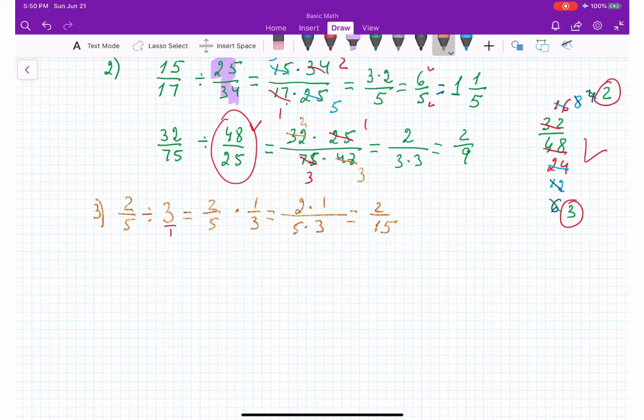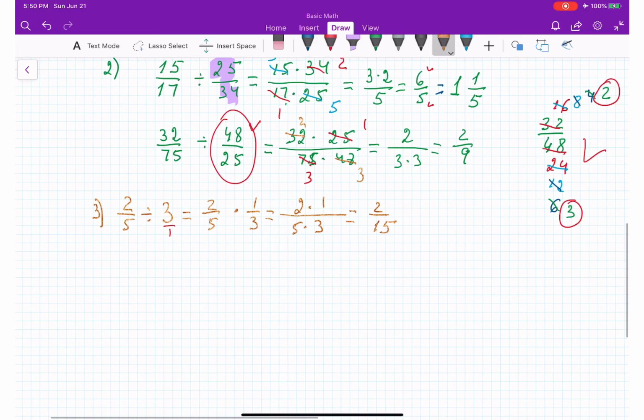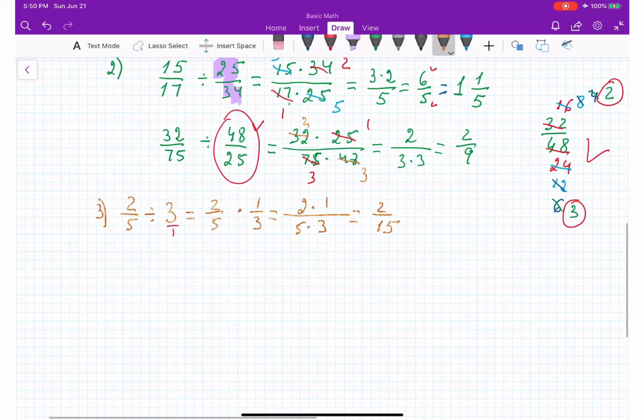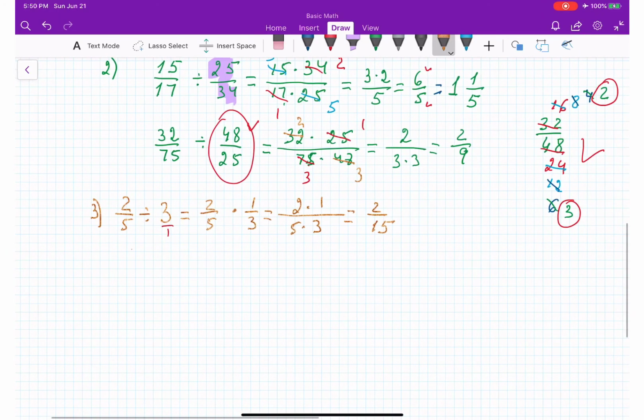Okay, another one, 3 over 7 divide by 9. So this time let's use the other method. So 9 I can imagine is 9 over 1, right? And I'm going to do cross multiplication. You can use either way you like better.